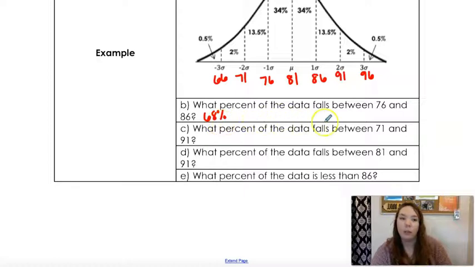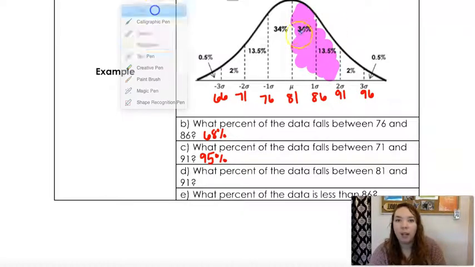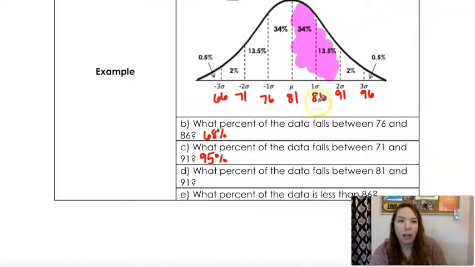What percent of data falls between 71 and 91? That's 2 standard deviations, so that would give us 95%. What percent of the data falls between 81 and 91? That's just this section here. 81 to 91 would give us, if I add 34 and 13.5, 47.5, or half of 95.